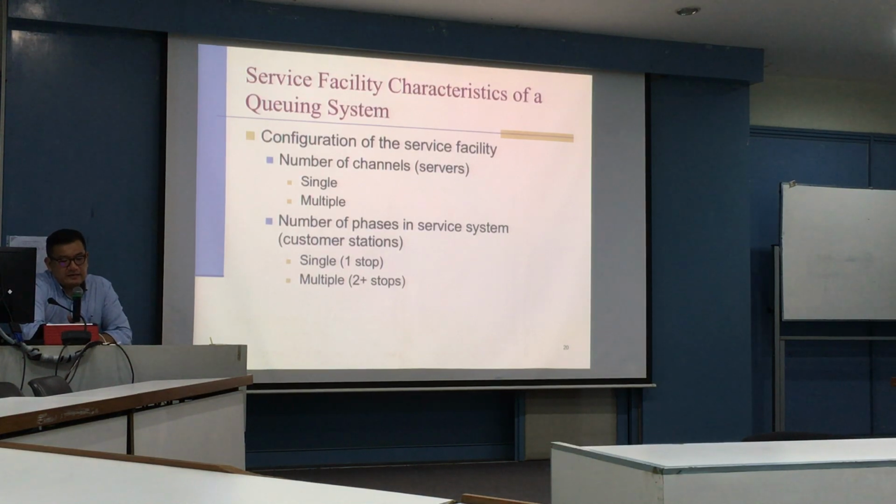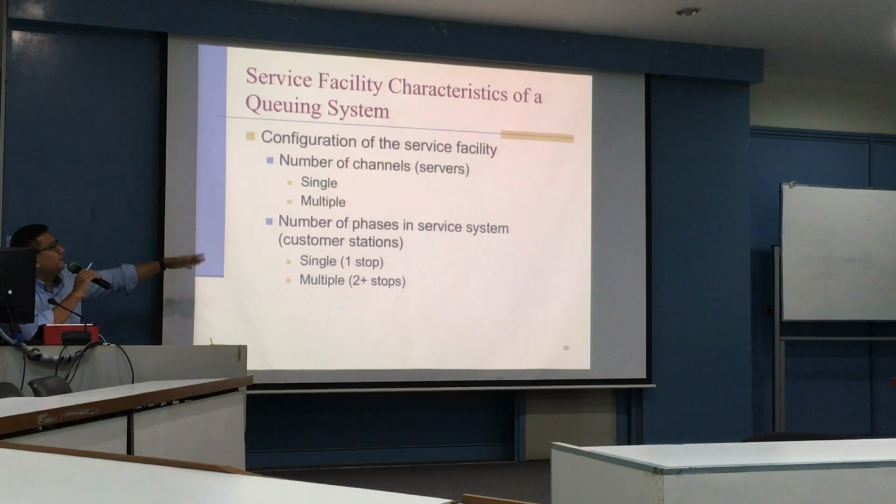So the configuration consists of the channel, or server, which is the same thing. So the number of channels or number of servers is the same thing. So we have single channel and multiple channel, and also the number of phases in the system. We have multiple phase and single phase as well. The number of phases refers to the number of stopping points of the customer. So we study all of them, right?